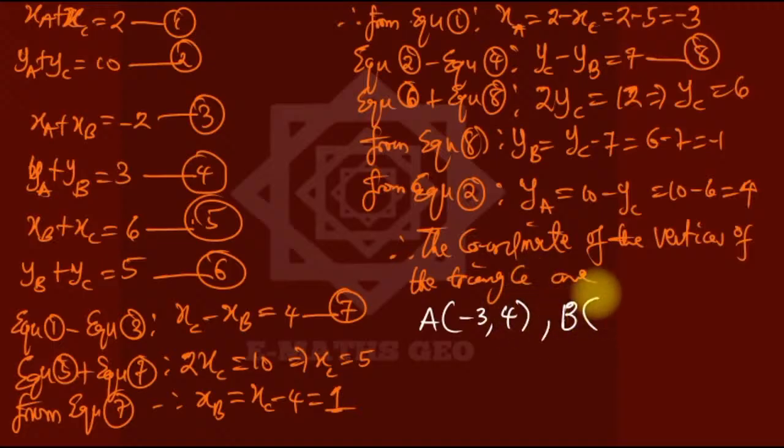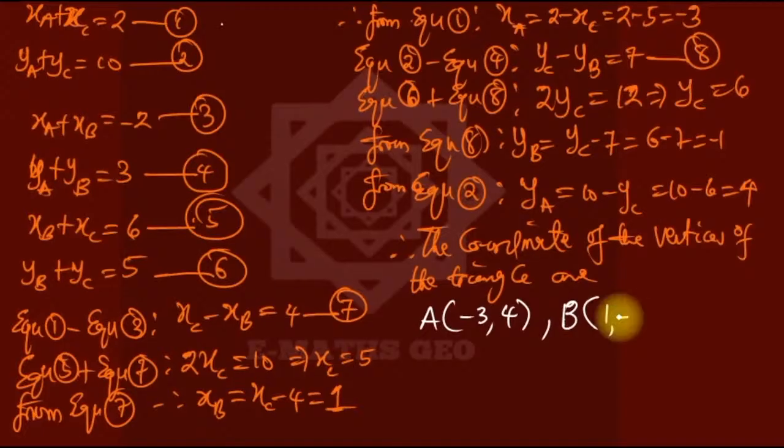For B, XB is 1 and YB is minus 1. And finally, the coordinate of C is XC is 5, YC is 6. Okay, so that's the answer. It's a very tricky question.